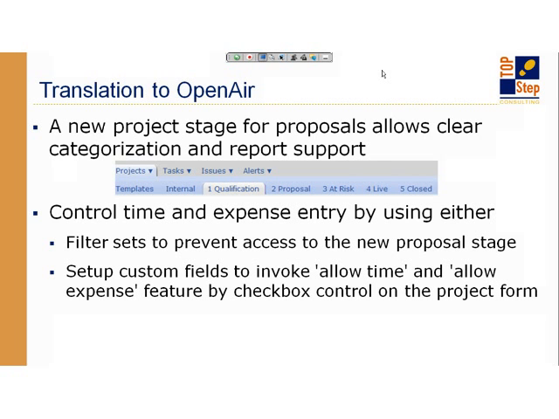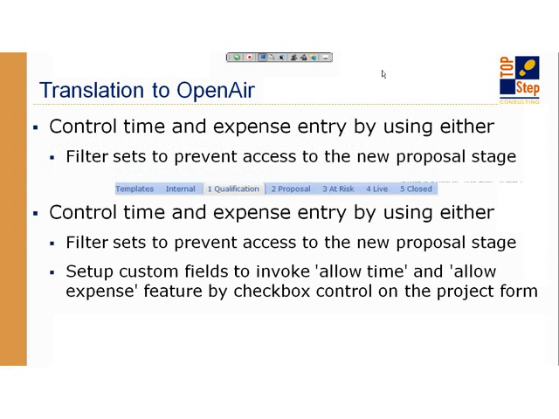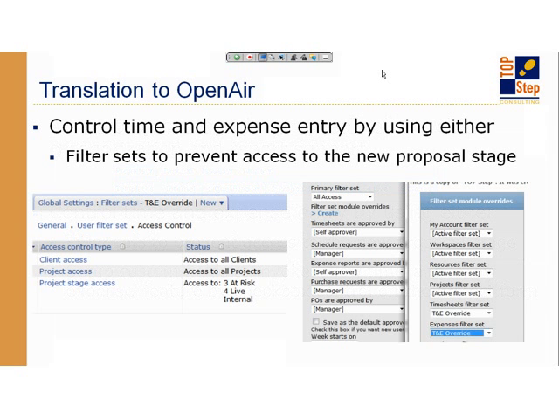One is the most basic filter set concept. So filter sets control data views, and data views are controlled by the clients and the projects and even the project stages that you're allowed to see. So one basic way of controlling time entry is to basically set up a filter set that does not allow people to see that proposal project stage.